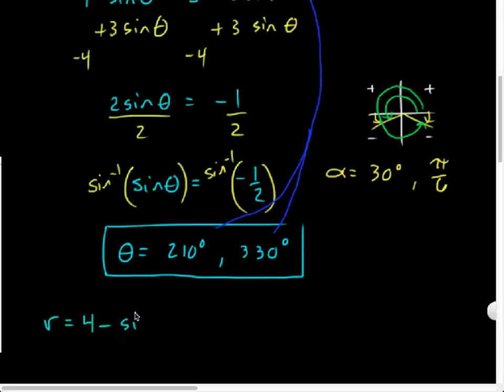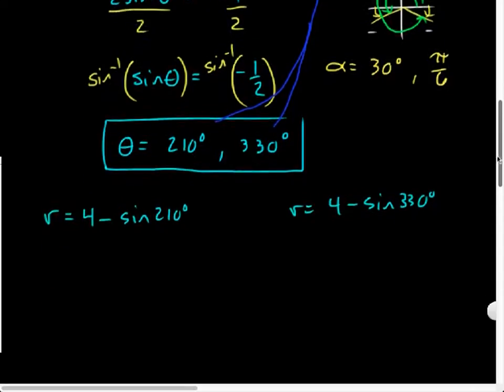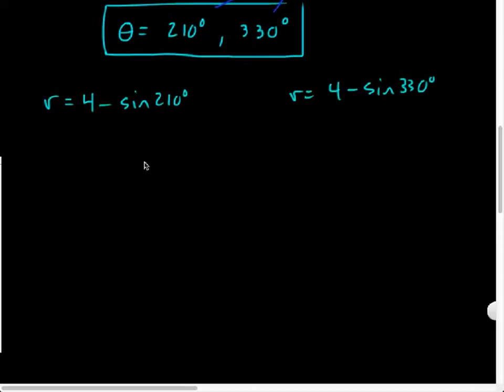4 minus sine of 210, and r equals 4 minus sine of 330. And r equals 4 minus sine of 210. I already know it's negative. The reference angle is 30. In fact, I've kind of already answered this question.